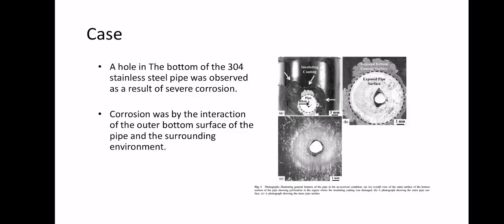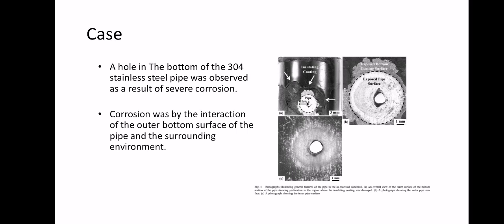What actually happened is, at the bottom of the tube, a hole was observed. This happened by the interaction of the outer bottom surface with the environment. So we have this tube. Unfortunately, also in this area under the bottom of the tube, the coating was damaged.